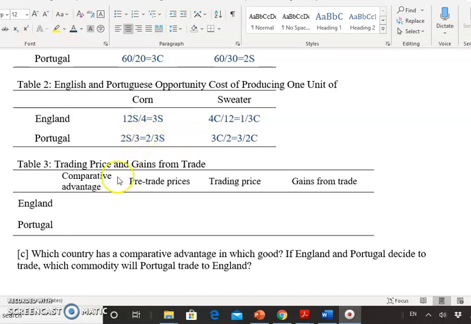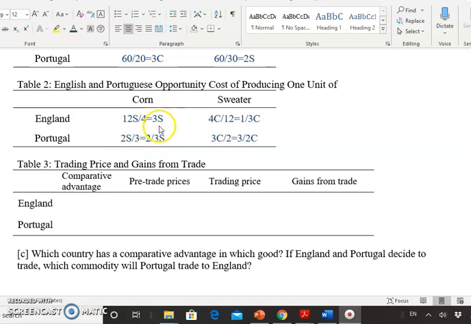Now in table 3, building upon the previous answers, we are going to compare between the two countries, and see which country has a lower opportunity cost in what good. We can compare the opportunity cost of each corn between the two countries.